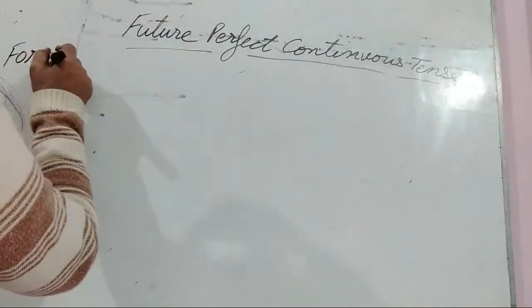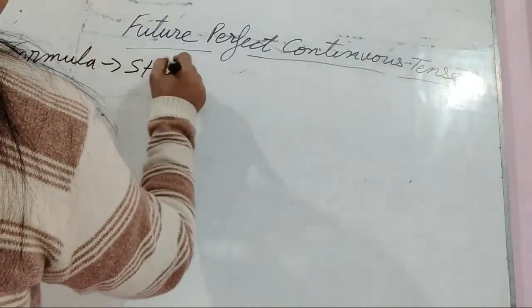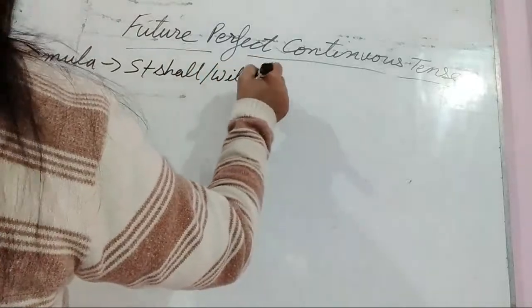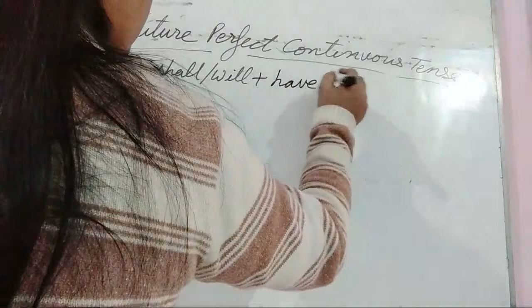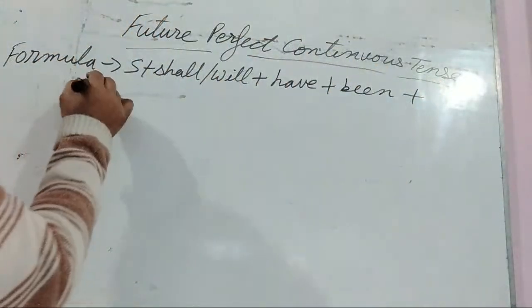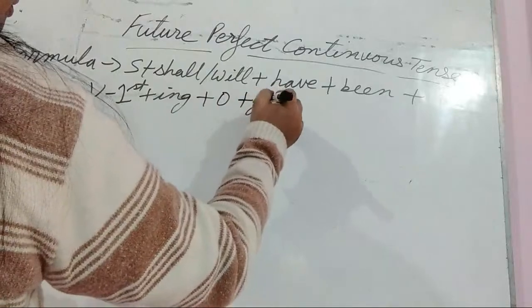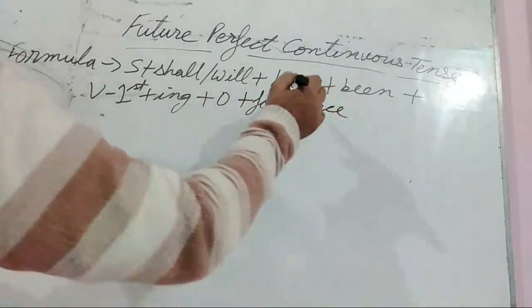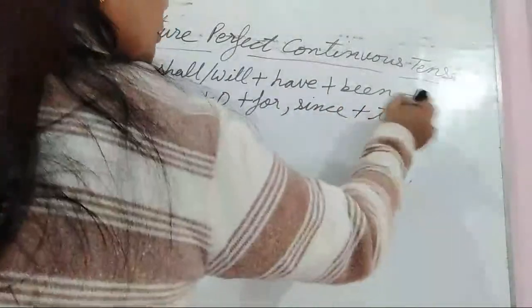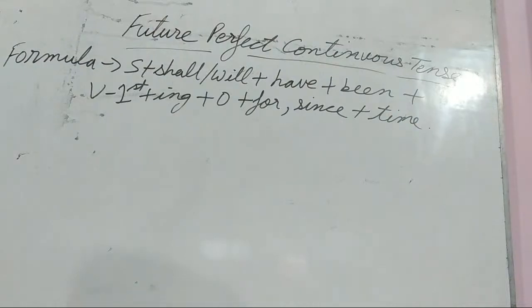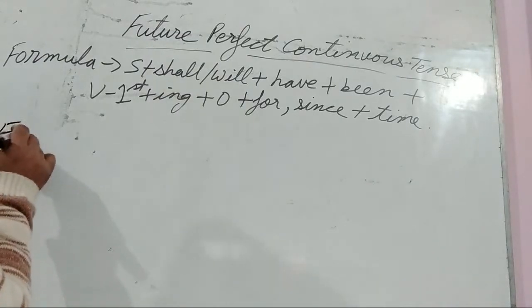The formula is, now the formula for future perfect continuous tense is subject plus shall or will plus have plus been plus first form ing plus object plus for, comma, since plus time. Let's see the example related to it.